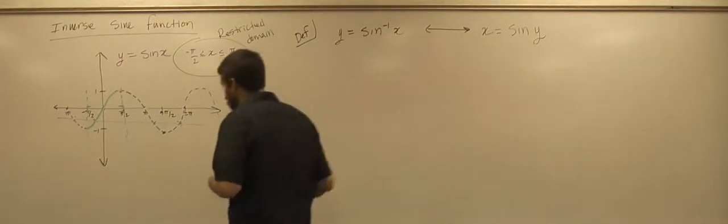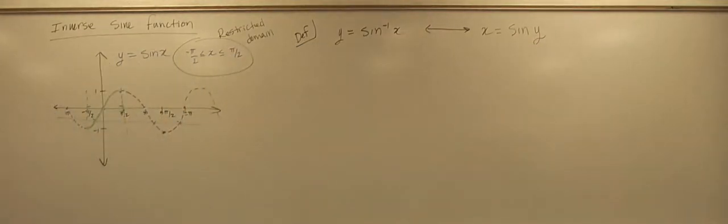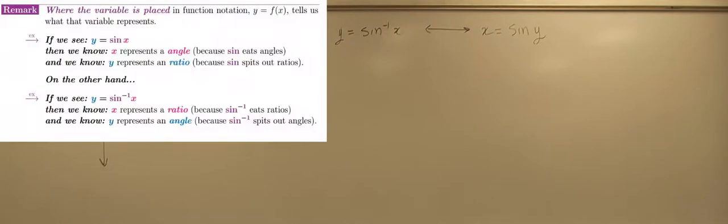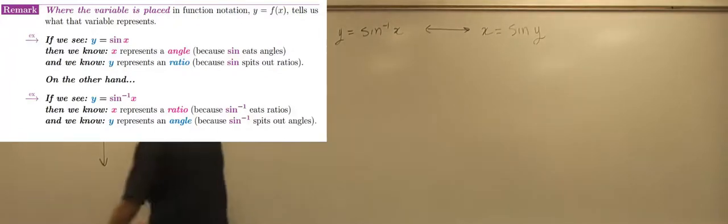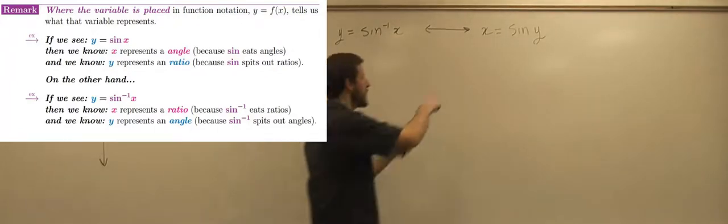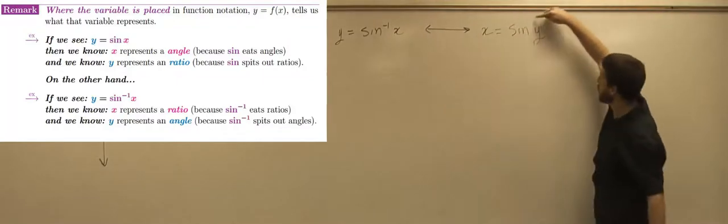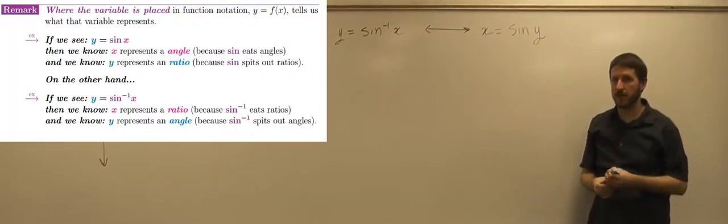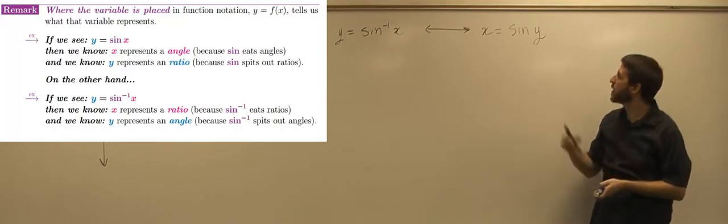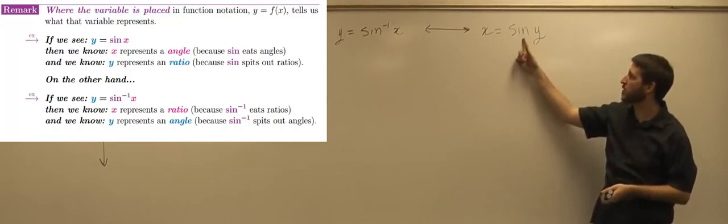Okay. Now, to help you understand what all of these symbols mean, I want you to think about back in the original sine function. Over here, what does y represent and what does x represent? Like what do you feed into sine? What does sine always take in? An angle or a ratio?